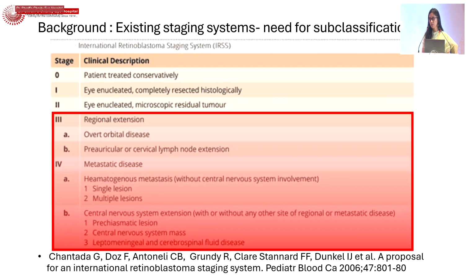However, there is a very subtle difference. Specifically, if we see stage 3, which is a very broad group, any tumor which is outside the eye, any extraocular extension, is considered a stage 3 tumor. Now, we know that with extraocular extension, sometimes the prognosis depends not only on the extent of the extension, but also on the pattern of extension, whether the tumor has come out via the optic nerve or whether there is an anterior transscleral or a transcorneal extension.